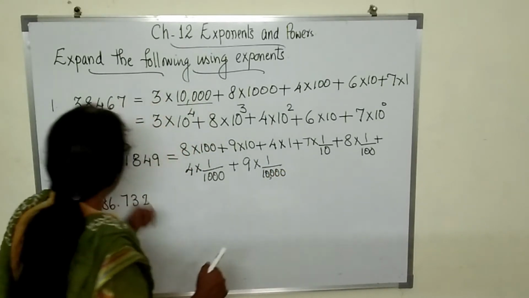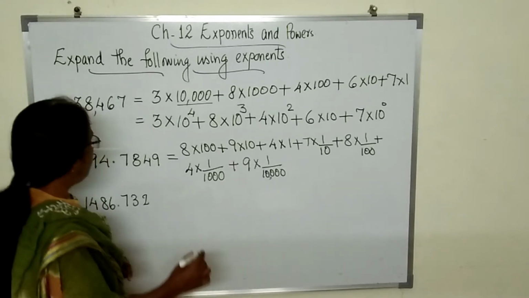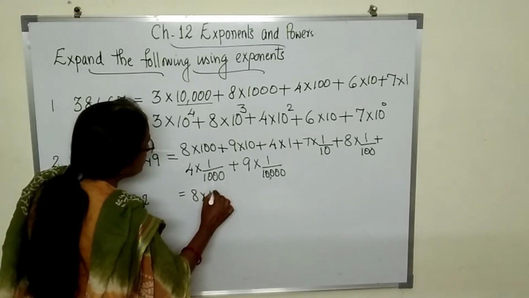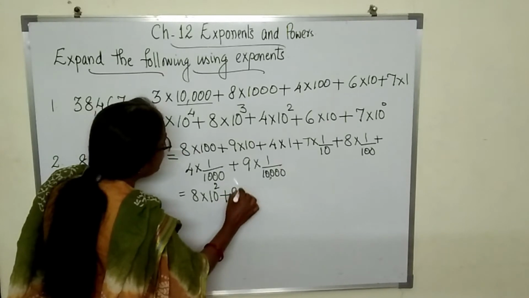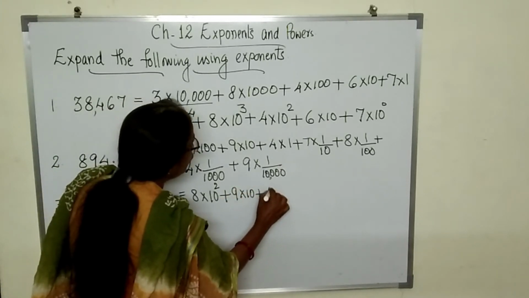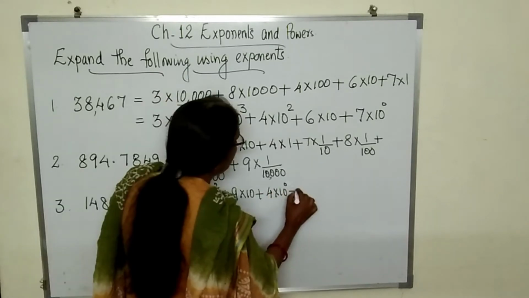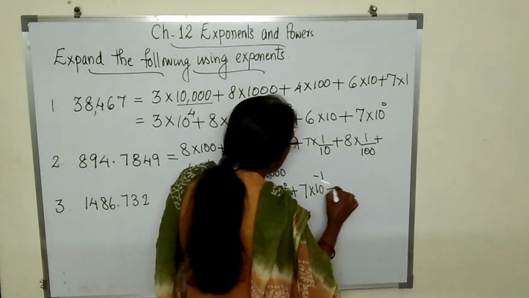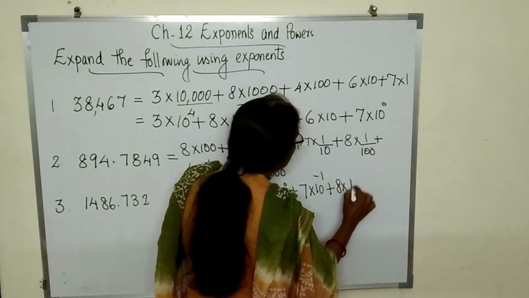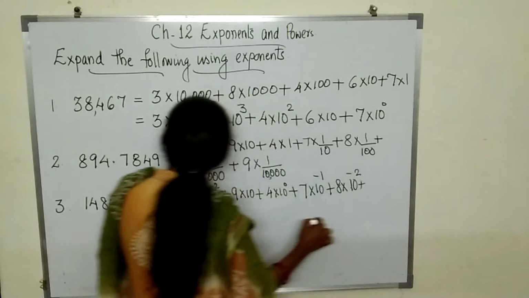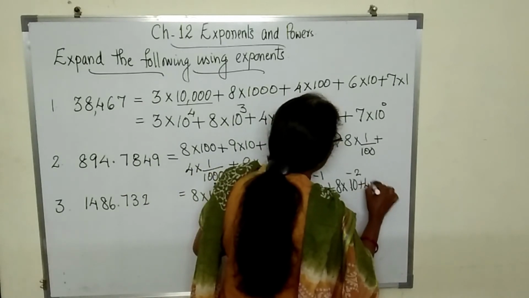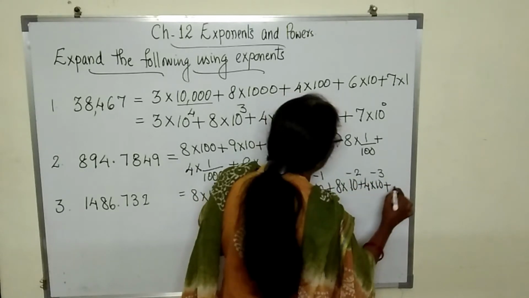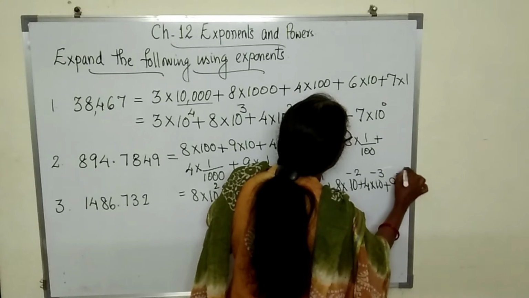So this number also can be written using exponential form. How will you write? 8 into 100 can be written as 8 into 10 squared, plus 9 into 10, plus 4 into 10 raised to 0, plus 7 into 10 raised to minus 1, plus 8 into 10 raised to minus 2, plus 4 into 10 raised to minus 3, plus 9 into 10 raised to minus 4.